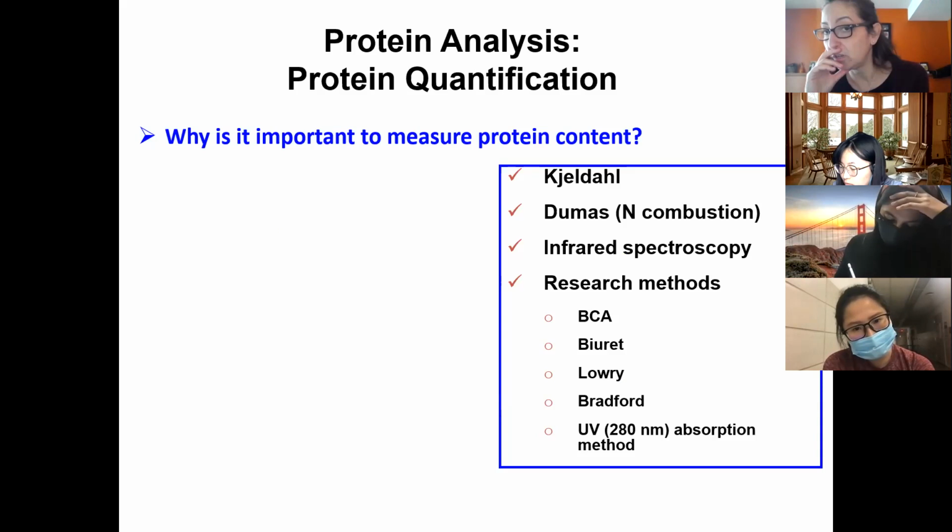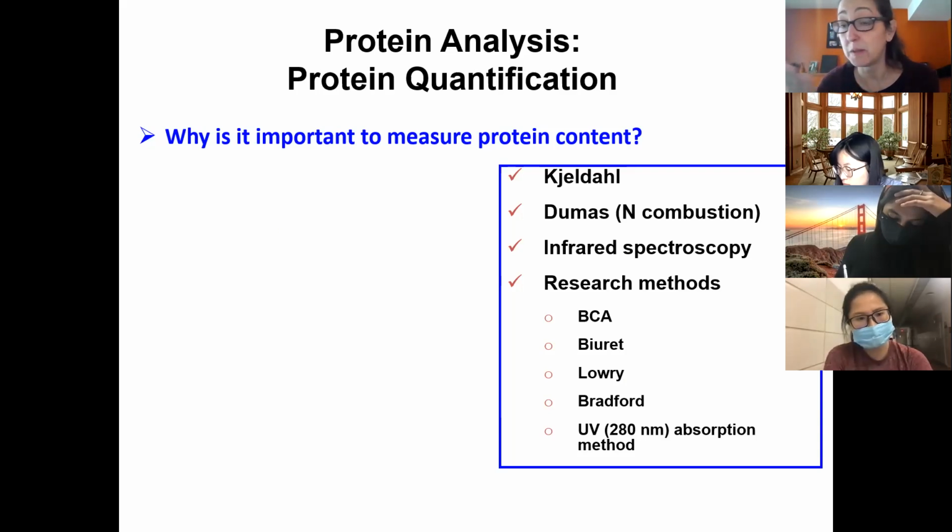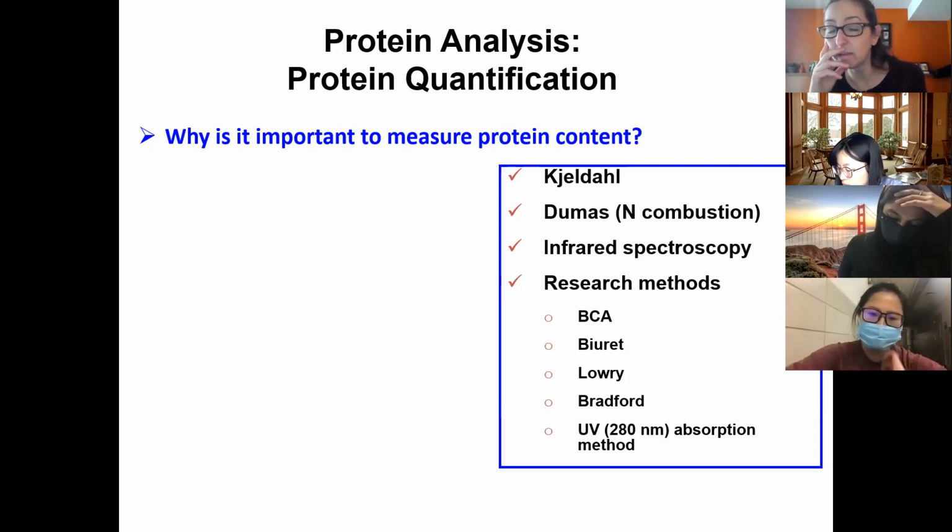Both are based on nitrogen determination. Infrared spectroscopy, IR. So we determine protein content using mid-IR or near-IR after it's been calibrated for certain food products. And then we have research methods that we use quite a bit.